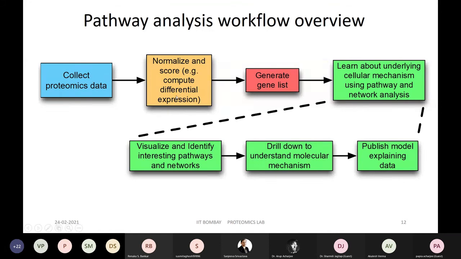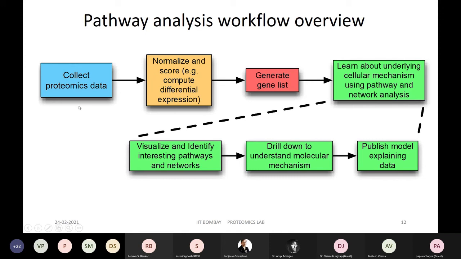Then, as we have already explained in a previous session, you can normalize the scores and compute the differential expression. All these things can be done on MetaboAnalyst and MaxQuant. Then you generate a gene list. Then you learn the underlying cellular mechanism. Then you identify and visualize the networks. Then you try to understand the molecular mechanism. This is where you start generating a hypothesis.